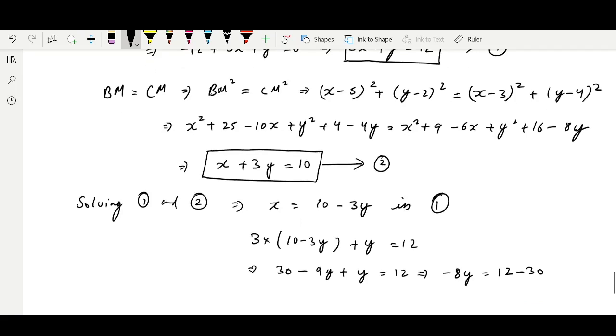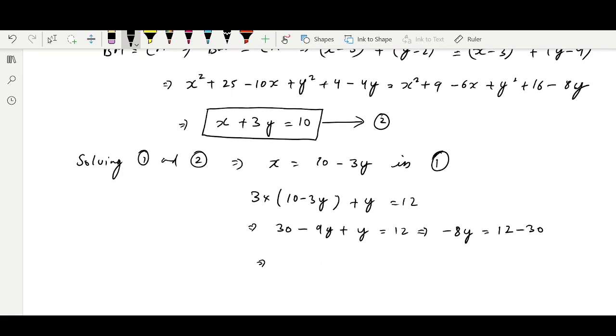We'll get y equals to 12 minus 30, which is minus 18, divided by minus 8. Minus minus will get cancelled. We'll get 18 by 8, or 9 by 4.